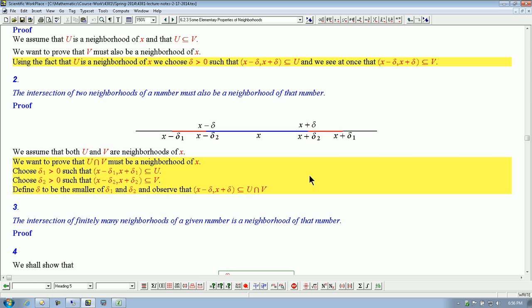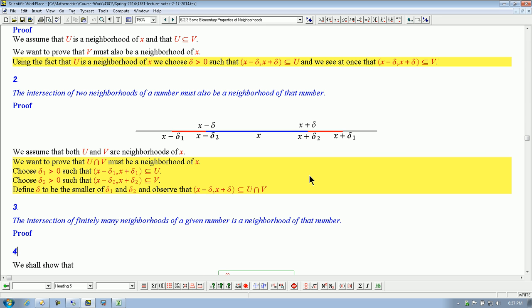Now you choose delta 2 greater than 0 such that the interval from x minus delta 2 to x plus delta 2 is included in U2. And then you choose a delta 3 greater than 0 such that the interval from x minus delta 3 to x plus delta 3 is included in U3. And you carry all the way through for each j equals 1, 2, 3, 4, 5, 6 up to 55.